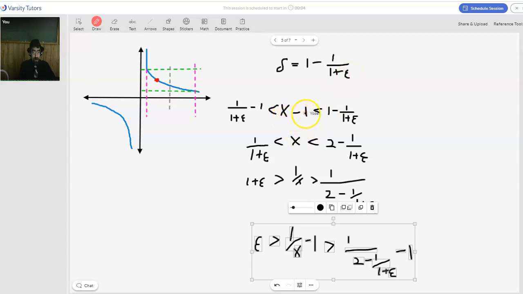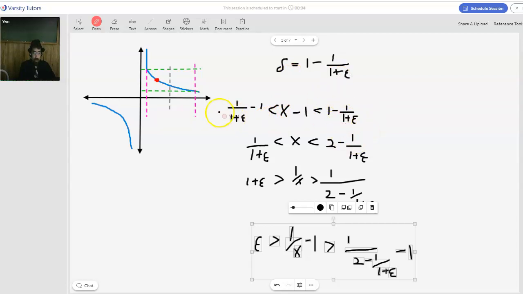So if we're saying x minus 1, on the one hand, it's 1 over 1 plus epsilon minus 1. On the other hand, our x minus 1 has to be between delta and negative delta.